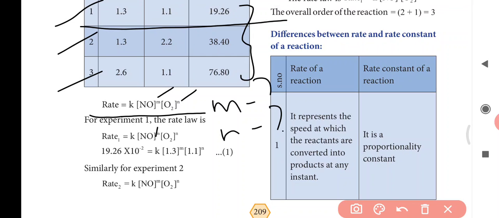For experiment 1, rate 1 equals k times the concentration of nitric oxide to the power m and the concentration of oxygen to the power n. The rate value for the first reaction is 19.26 times 10 to the power of minus 2.